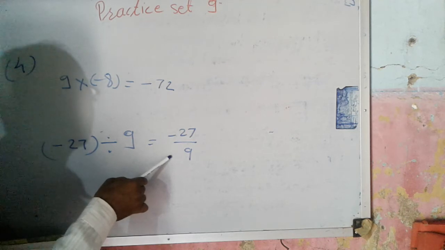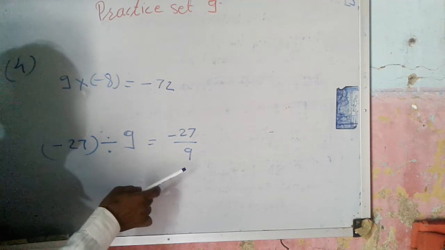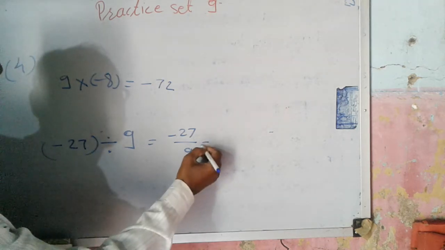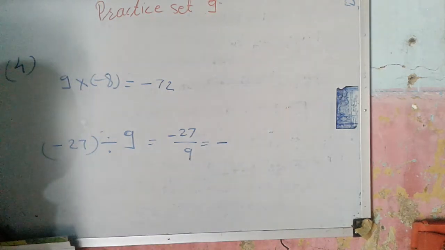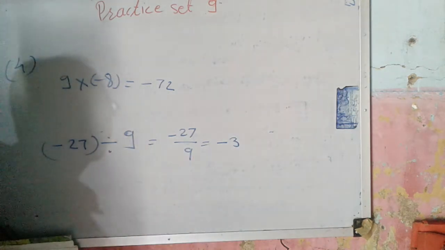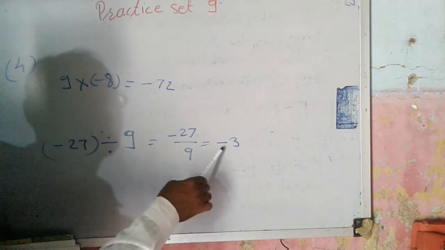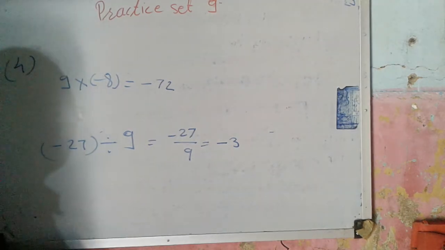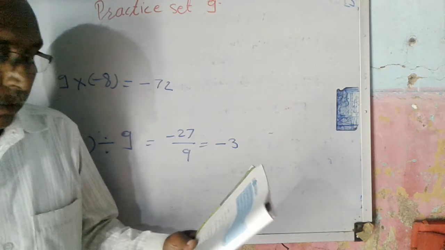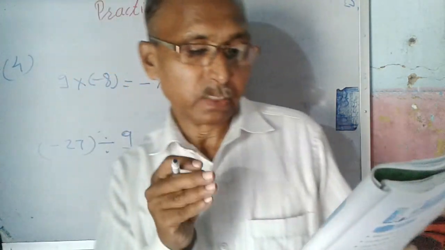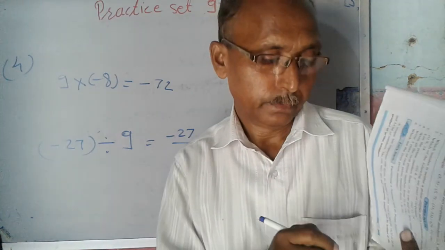That means the quotient of one negative and one positive integer is negative. So here our quotient will be negative, that is 9 3s are 27. So the answer is minus 3. That means the quotient is minus 3. In this way, you can choose 3 more pairs for division and you can solve this question.